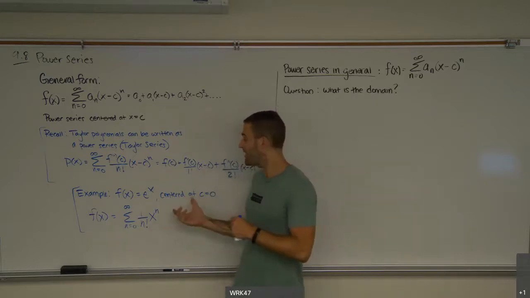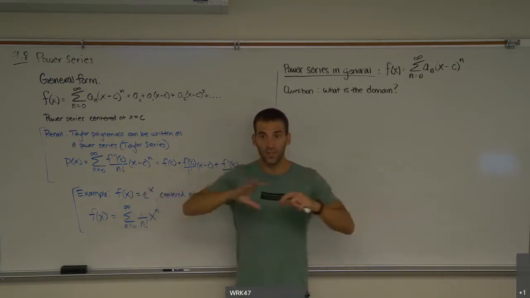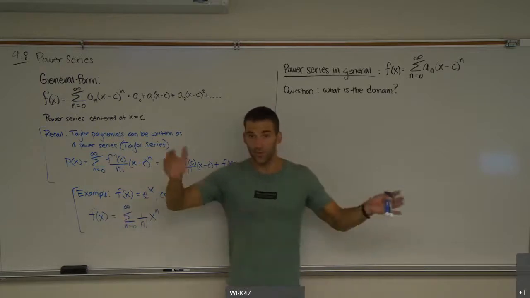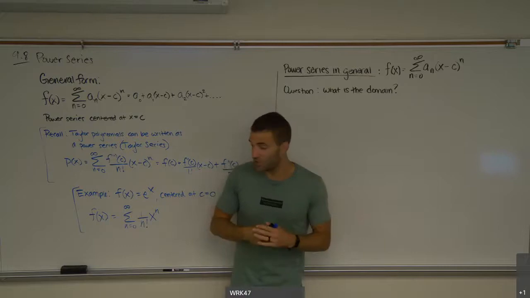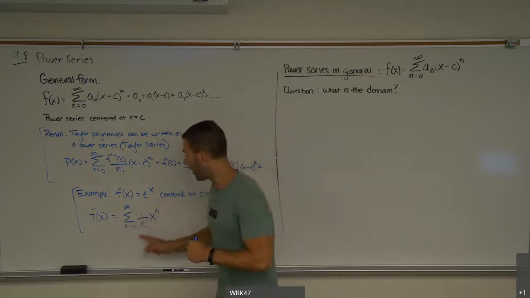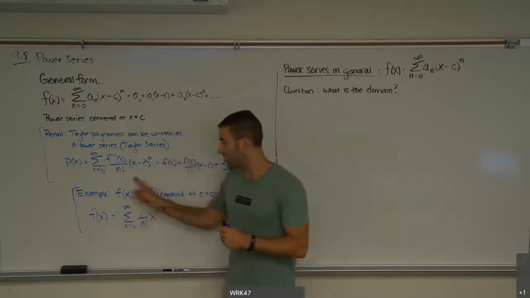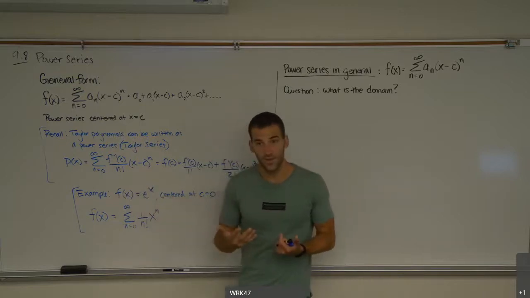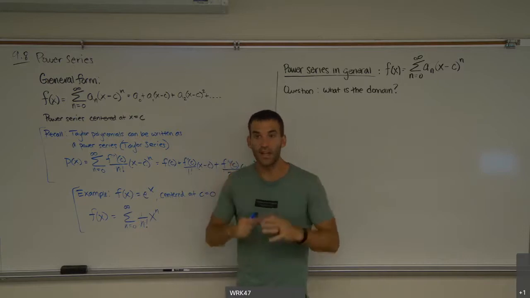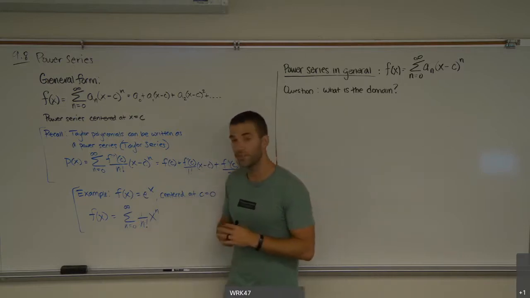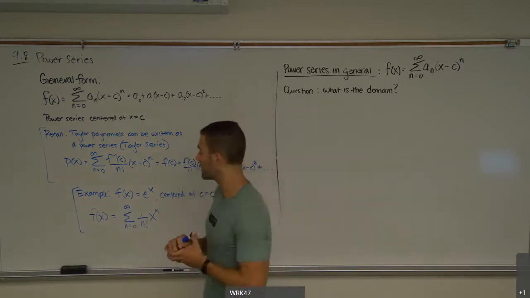And even though I went out infinitely, this curve extends forever. The domain of e to the x is all real numbers. Did I really get e to the x for all time? Does the domain of this polynomial match the domain of e to the x? Or is the domain of this polynomial only restricted to some range? That's what we want to seek to answer.